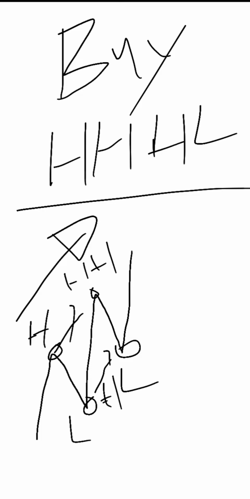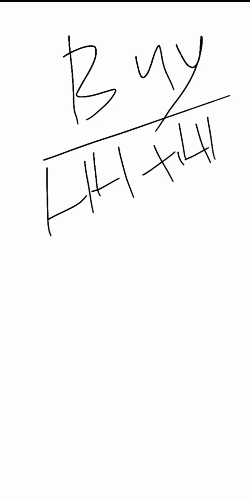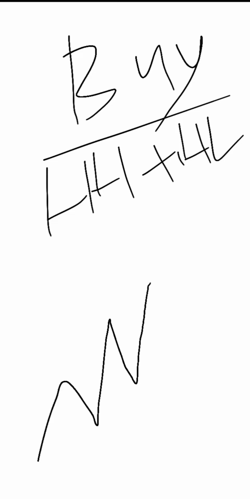Simple? So now, for buy, we want higher high and higher low. Now, where should you entry? That is the thing most traders don't know how to do, but they know how to spot the direction. So now, this will be the higher high, correct? This will be the higher low.